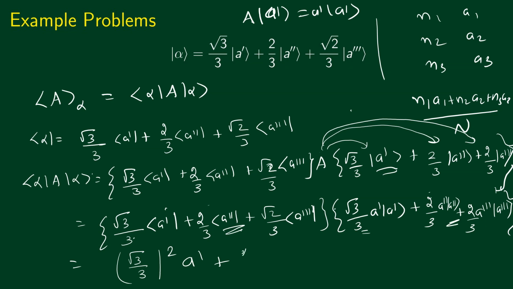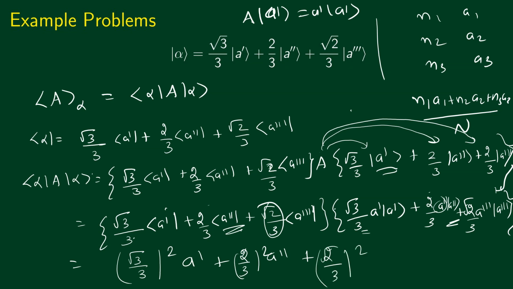So this is equal to (2/3) squared and the eigenvalue a'', and then bra a'' ket a'', which is equal to 1. And from here I have a √2/3. Here I have got a √2/3 from here, so that becomes 2 by 3 squared.